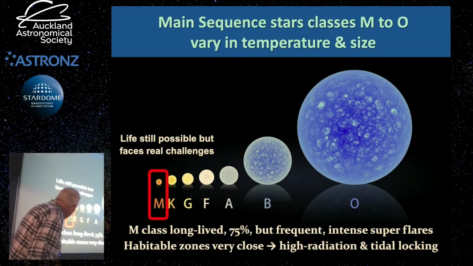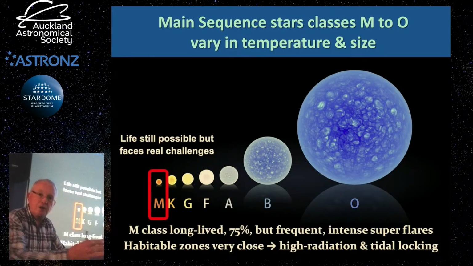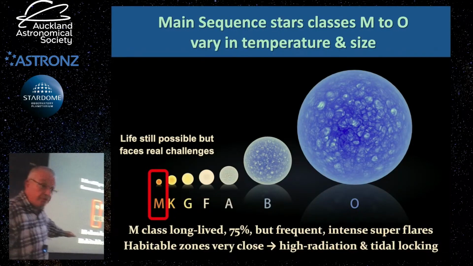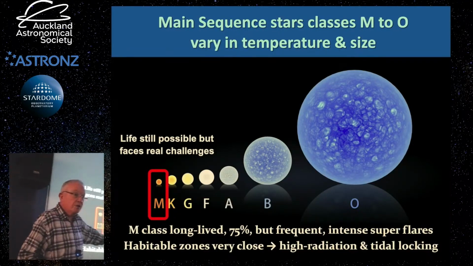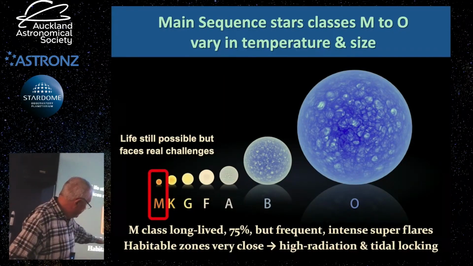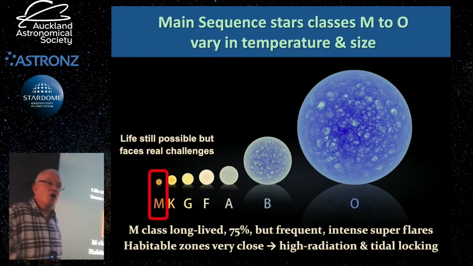And the other thing to add there is the habitable zones. Remember, small, cool stars have habitable zones a lot closer to them. So the habitable zone, where you're going to get liquid water if you've still got an atmosphere after the radiation, is going to be very, very close. That increases the amount of radiation, but also introduces the concept of tidal locking.